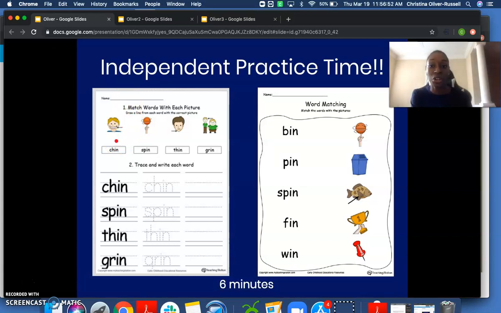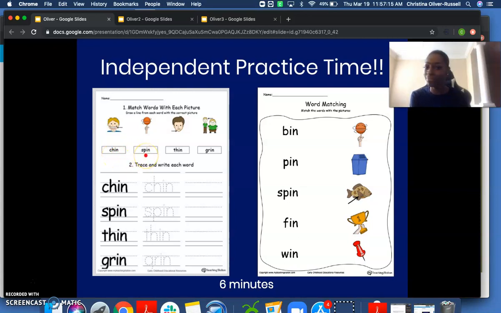The first thing you're going to do is match the words with each picture. That means you're going to look at these pictures and draw a line connecting the word to the picture. For example, this first picture is what? Grin. So you're going to find the word grin. Is this grin? Nope.